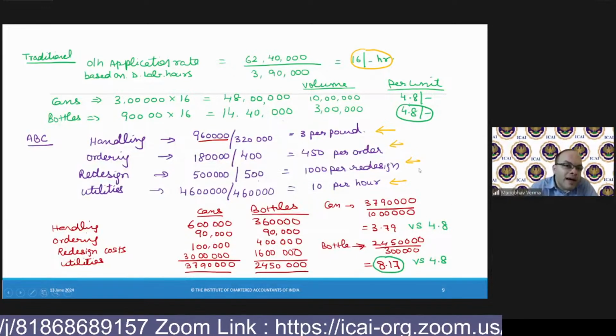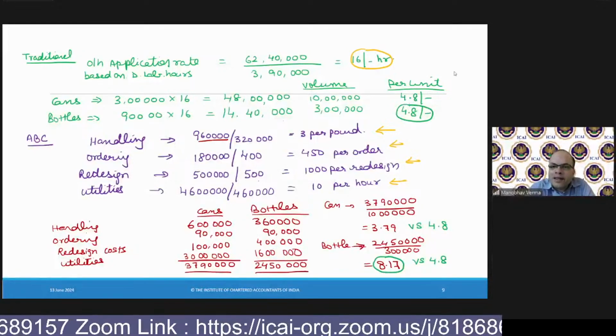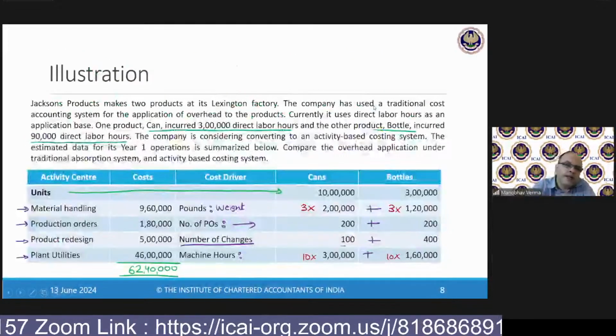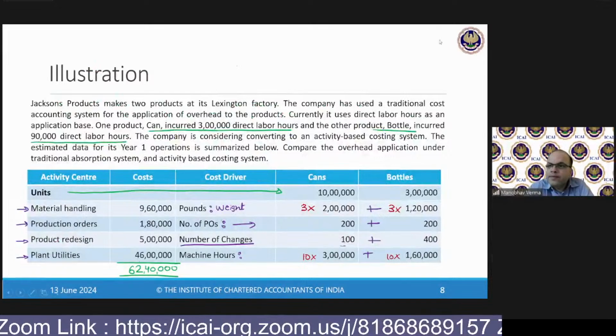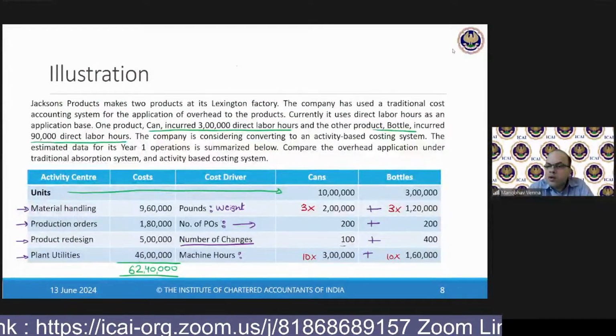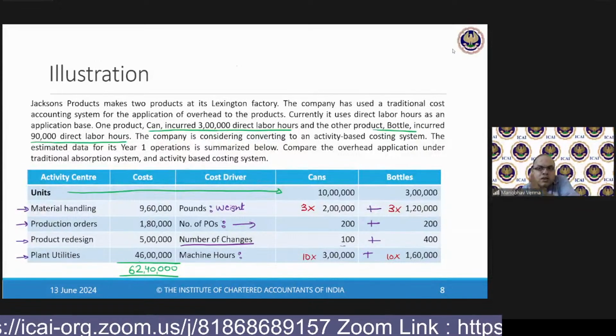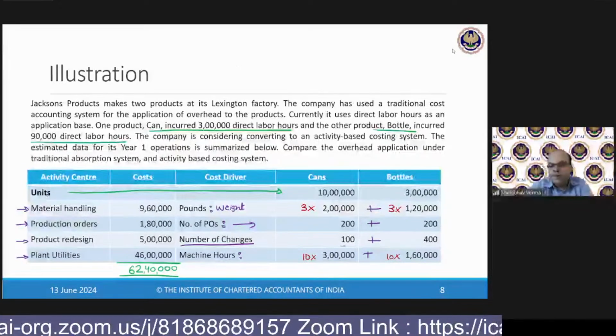And if you look at why there is so much of a difference, I think the facts given in the question should be giving you the answers for this. So if I were to analyze this difference, who will tell me why suddenly cost tilted towards bottle?